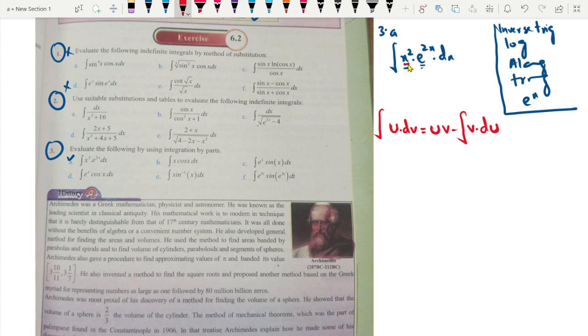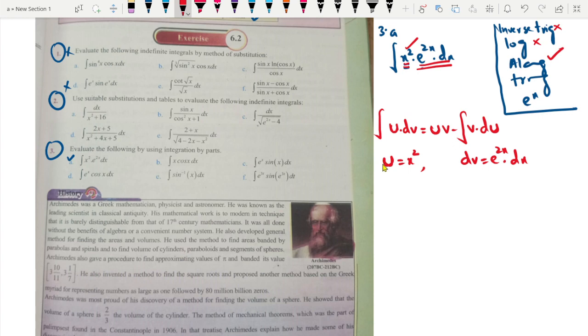So make one function u. Which function? This function, because the inverse trigonometric and log functions are not present, and an algebraic function is present, so make this u. So u is equal to x squared, and dv is equal to e^(2x) dx.